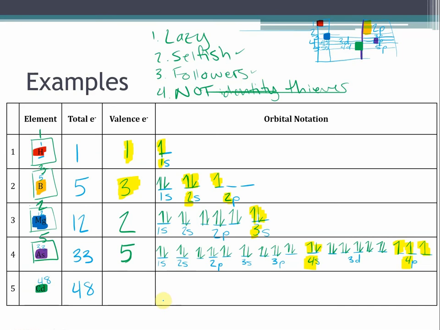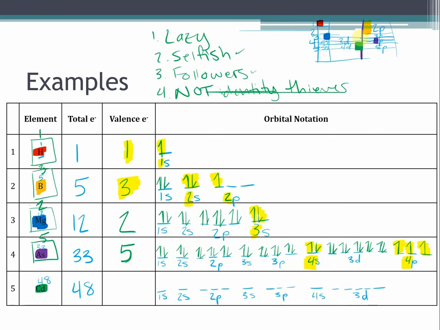So I'm going to draw my orbitals, my subshells in order, and again, you're going to want to write small for this. Draw my 1s, and then my 2s, and then my 2p, and then my 3s, and then my 3p, and then my 4s, and then my 3d. Remember 4s and then 3d. 1, 2, 3, 4, 5 of them.